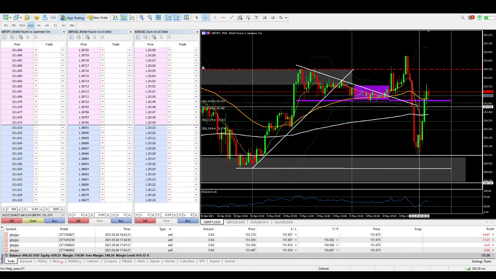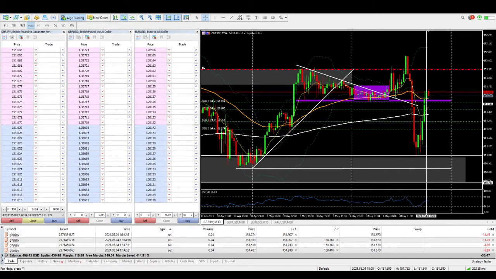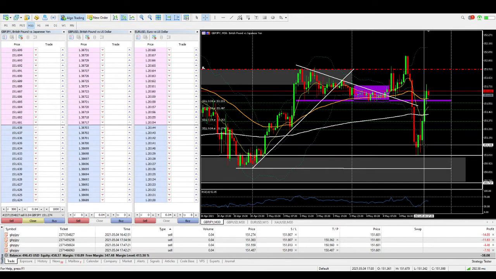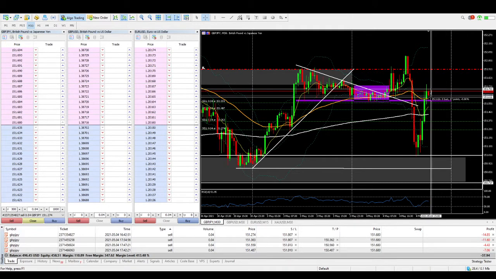The last 30 was an up candle, but it was only the size of 21 pips. Basically these ones are 30, 34. This one lost a bit of steam, so it's just 20. Now this one is going down with an 8 pip candle.